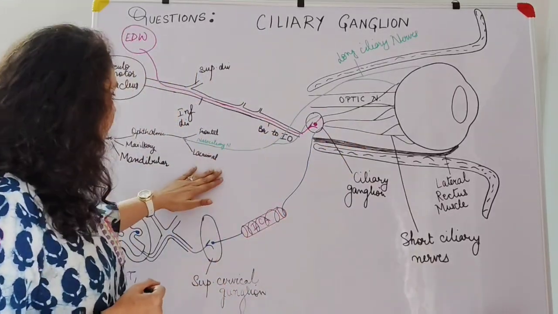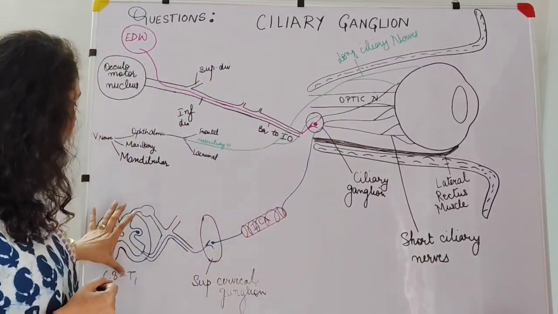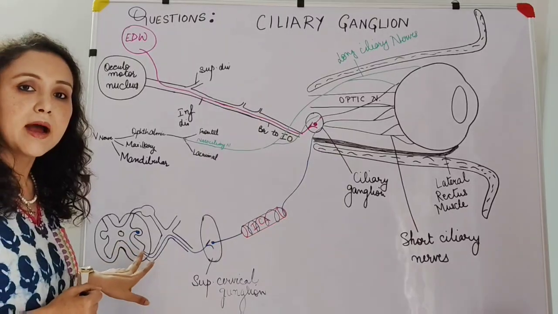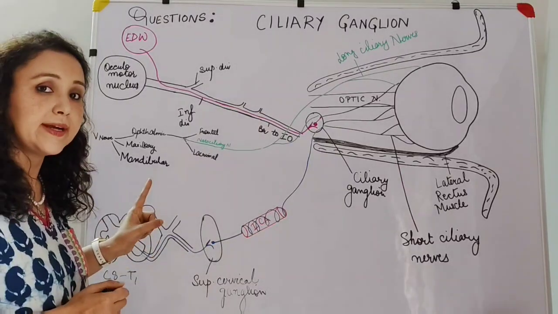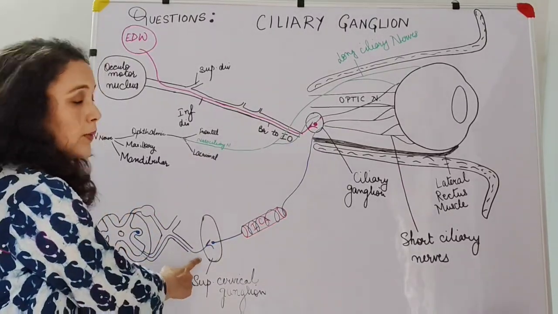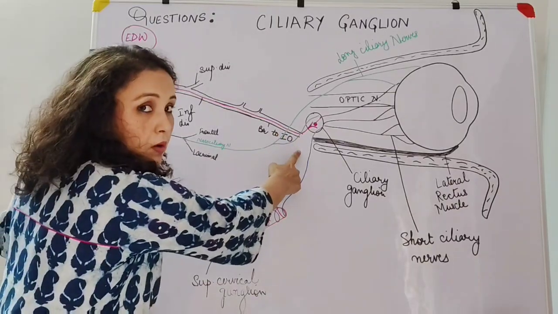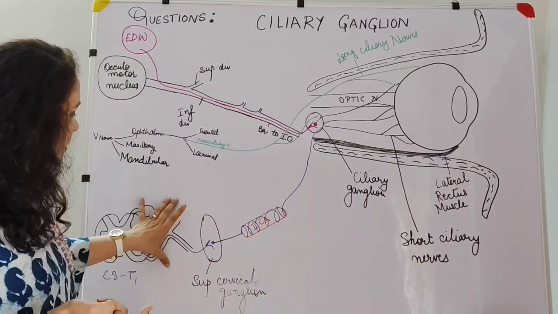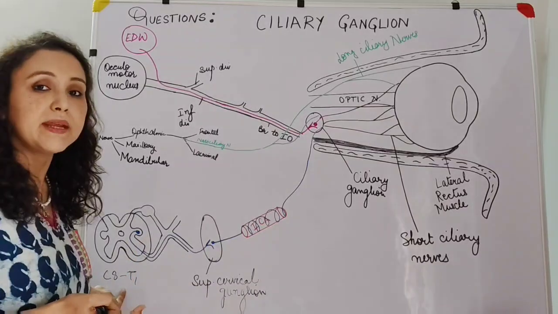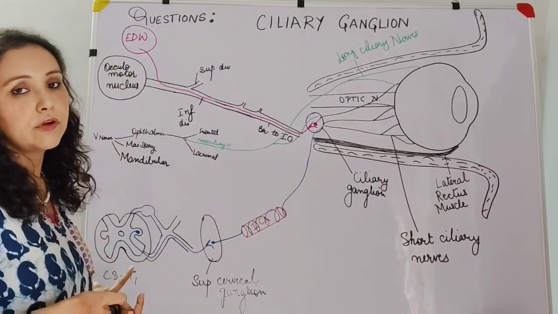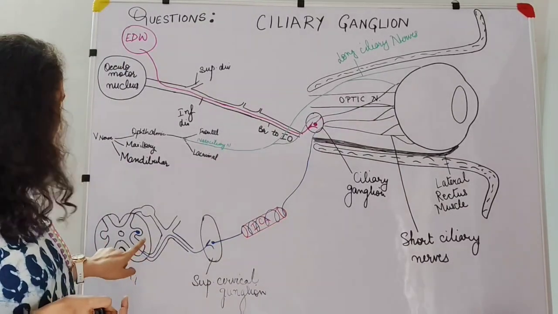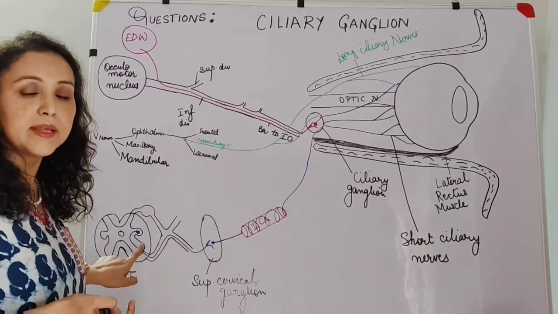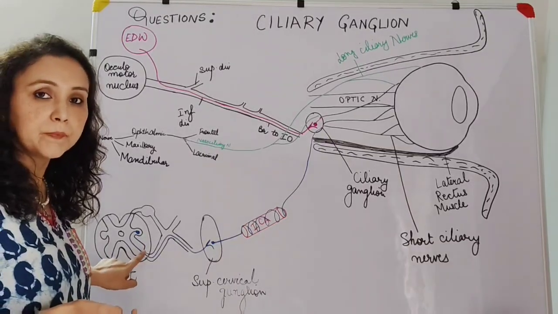Okay, now coming to the next part. You have the sympathetic part. In the sympathetic part, the preganglionic fiber, as we already discussed, is very short, whereas in parasympathetic, it is very long. So this can be another important MCQ question. In the sympathetic part, from where are the preganglionic fibers arising? From the C8 to T1 spinal segments, from their lateral gray column.